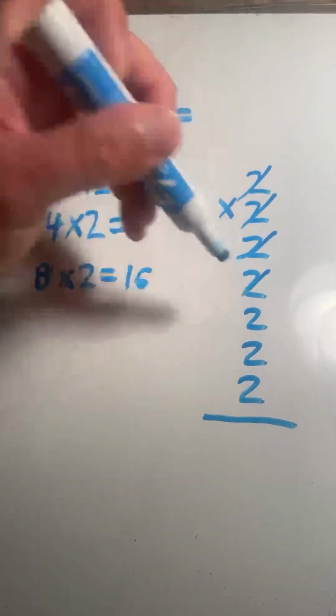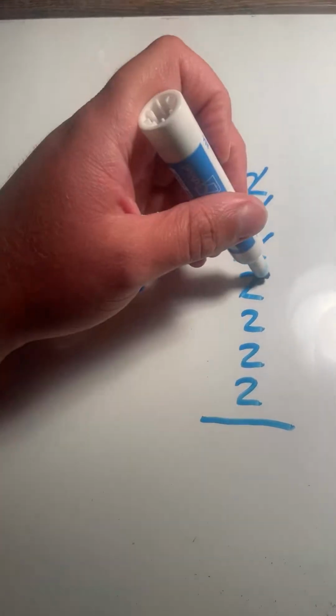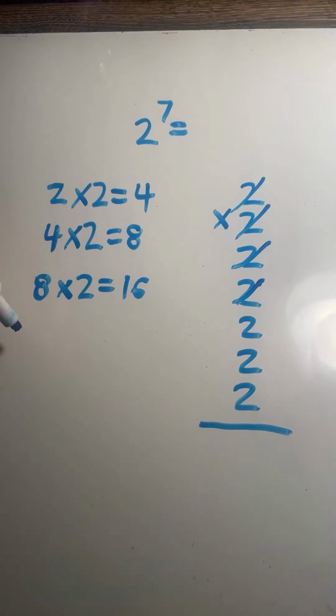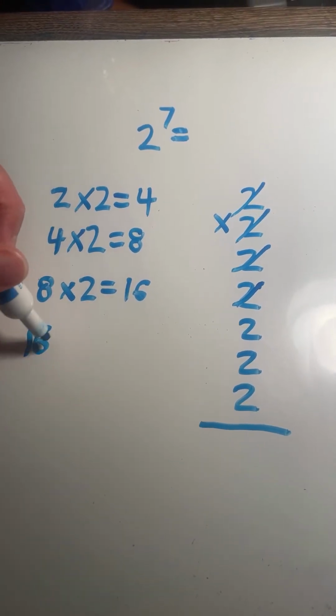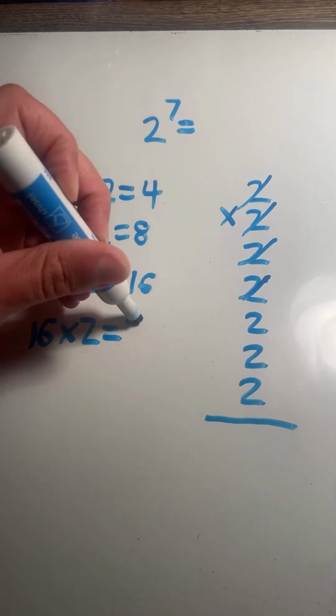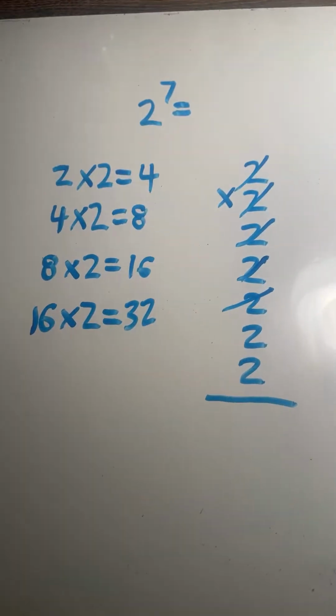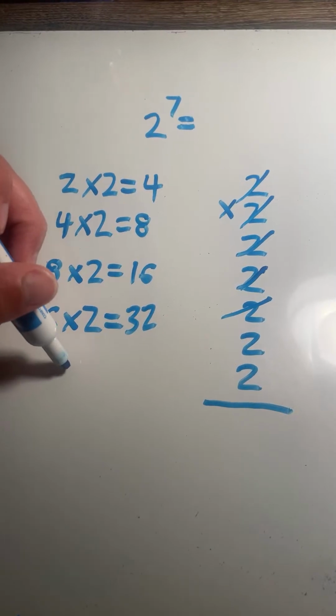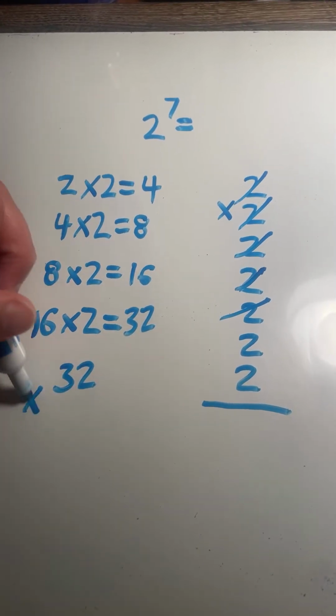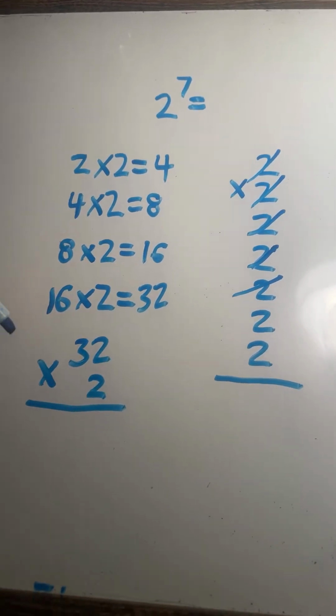We've just multiplied the number 2 4 times. 16 times 2 equals 32. We've just multiplied the number 2 5 times. 32 times 2 now.